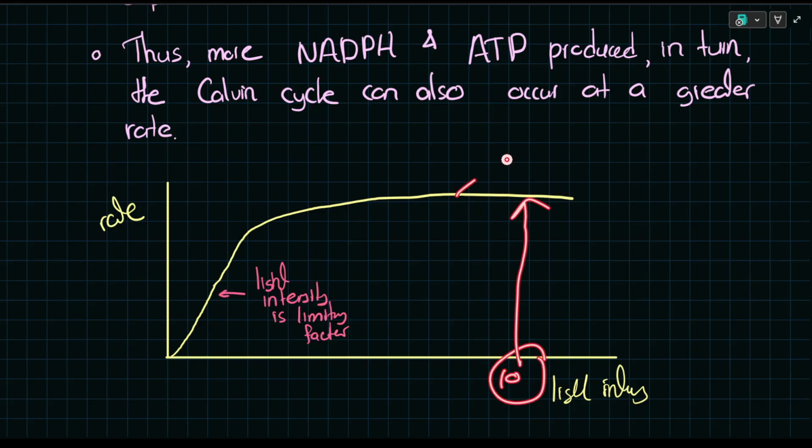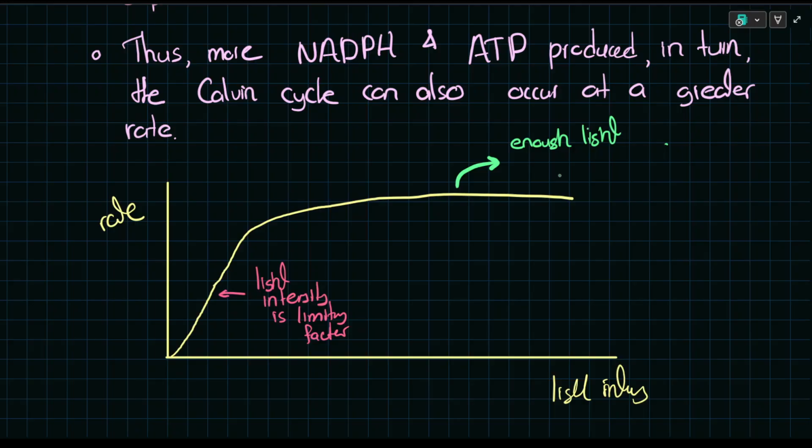But still, the rate is not increasing, it's plateauing. The reason being, around these areas, we have enough light. That's the thing. Around these areas, we have enough, and more than enough, light.